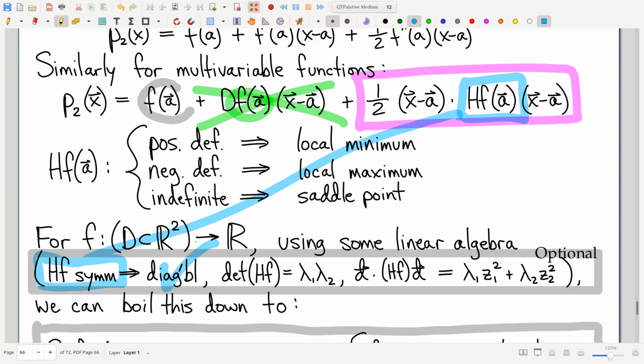This is highly optional, so you don't have to do this. And even if you are interested, this is just hitting the highlights. There's a kind of sophisticated, high-level linear algebra argument to be made here that gets us to the punchline we're interested in. You don't have to do it.